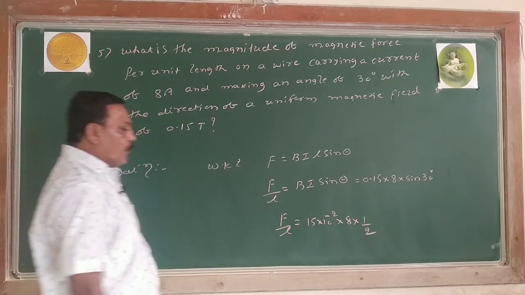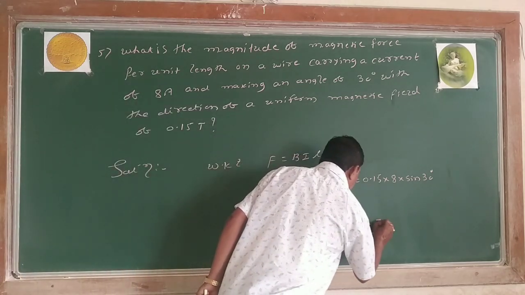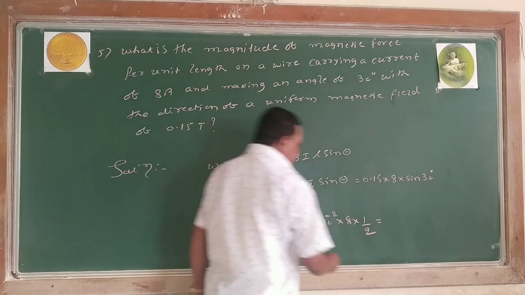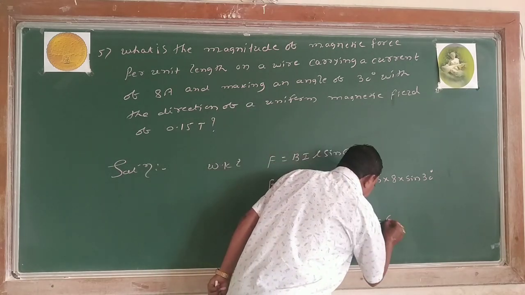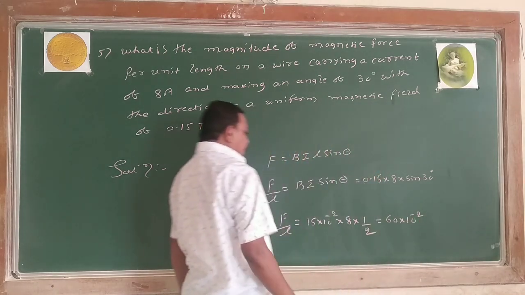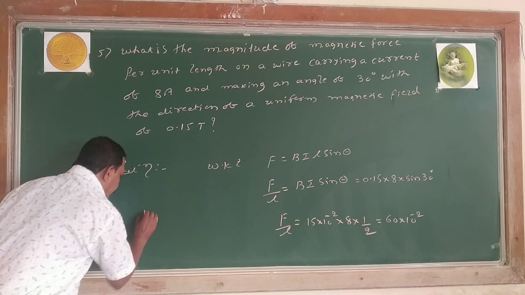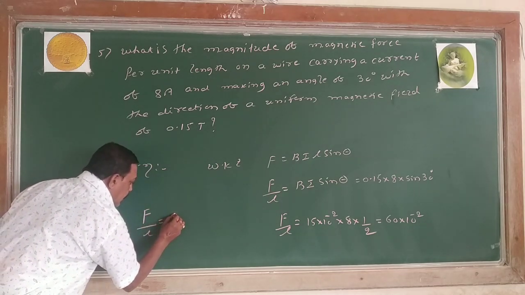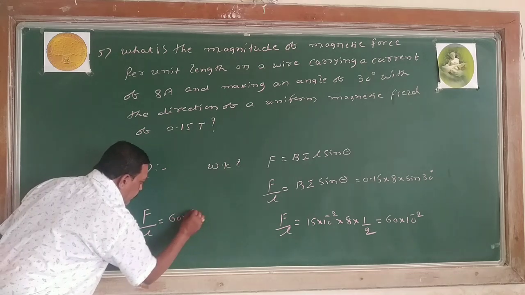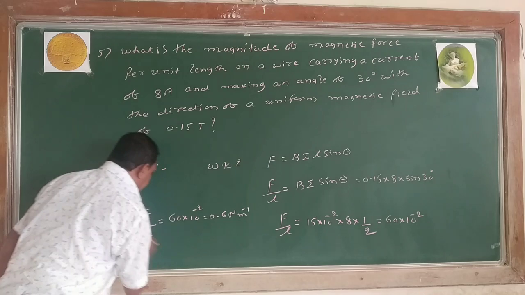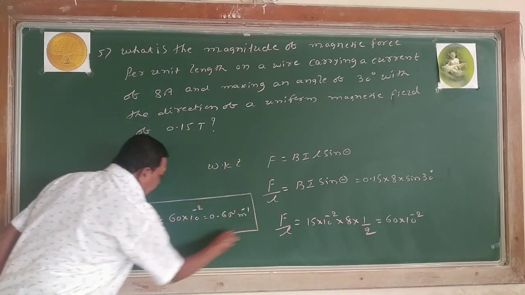Shall I make it 4? 2 ones are 2, 2 fours are 8. Right? 4 into 15, that is nothing but 60. Shall I write 0.6? What is the answer? Force per unit length equals to 60 into 10 to the power of minus 2. 0.6 Newton per meter. This is your answer.